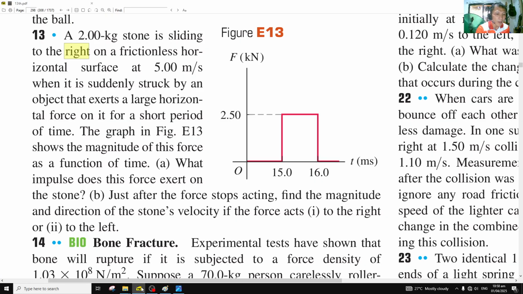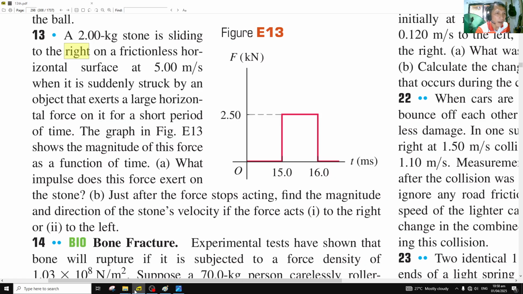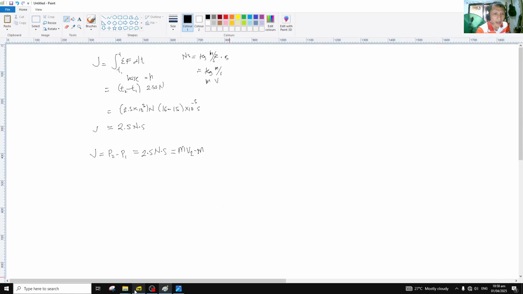You input your impulse, 2.50 Newton second, and P2 is m V2, because we're calculating after the impulse was put, and then you have your m and your V1, the velocity of 5 meters per second.